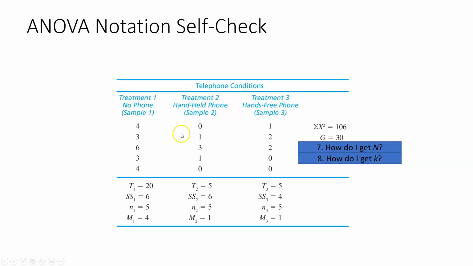Hopefully remember that this is the number of scores in the entire study. So capital N here is 15. And how do I get K? It's the number of conditions in your study. So there's 3 conditions, which means K is 3.